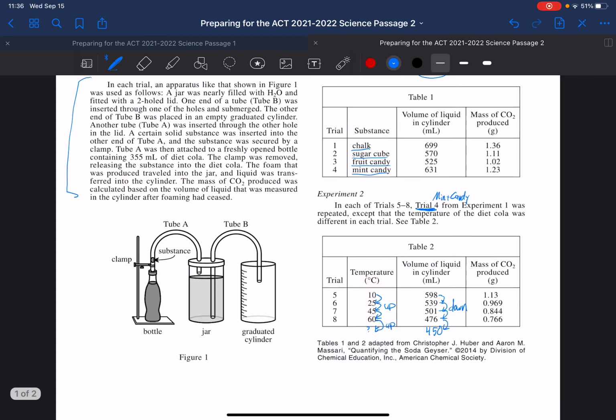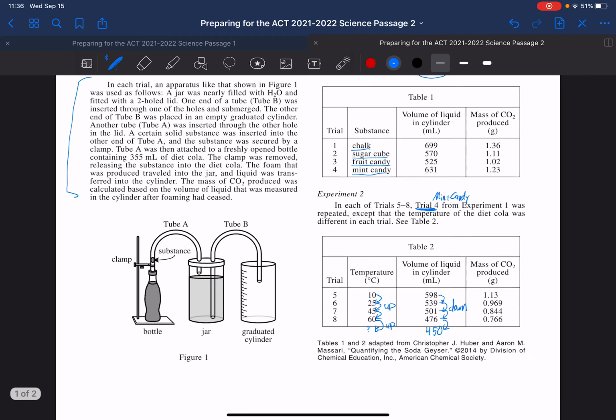Volume and the mass of CO2. So over here, here's my volume, in table 1 and 2, and then here is the mass produced. And so the question is, are they directly or indirectly related? What we're asking is, notice what happens as one goes up or down.